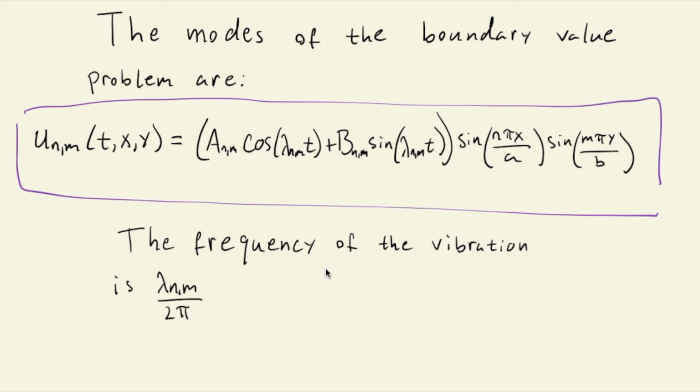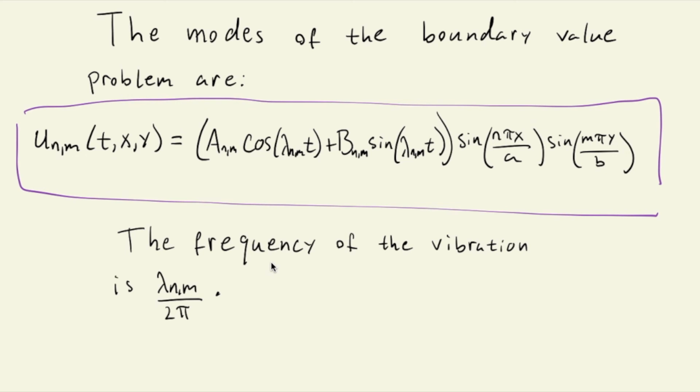Okay, and you see, as you choose these two integers, then you choose what the pitch is that the membrane is producing. Of course, in a drum you don't quite hear a pitch, but I guess maybe a xylophone is a good analogy.